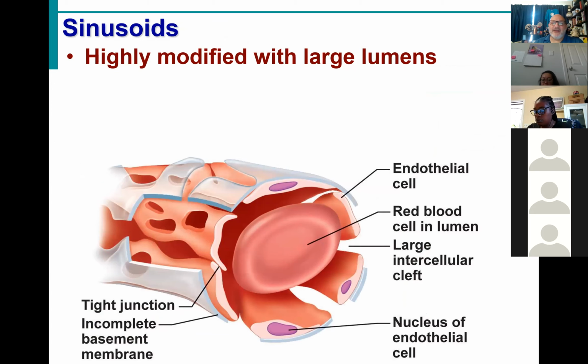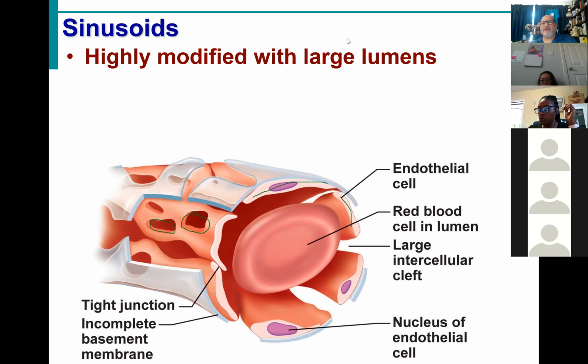Notice this sinusoid capillary is very, very different from the other two. Well, it's not entirely different. It is still comprised of a single layer of epithelial cells. These have huge fenestrations in them. But notice also, they don't form a complete epithelial layer.